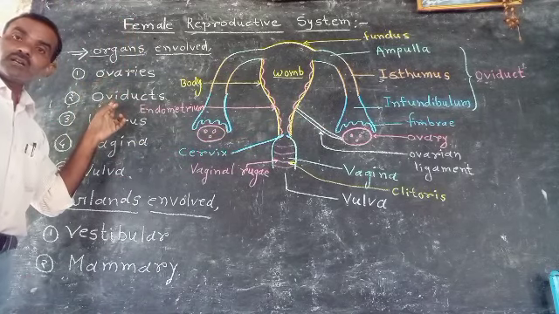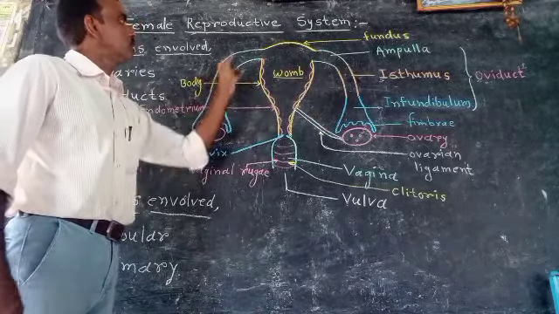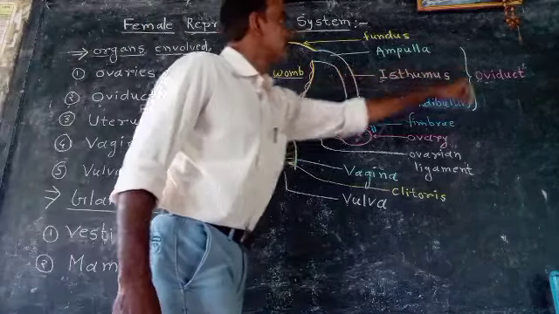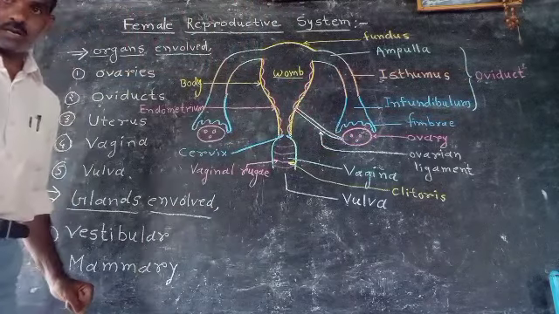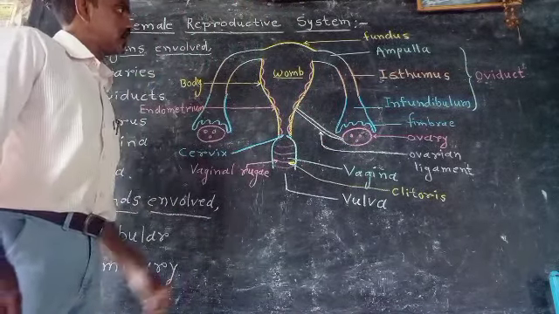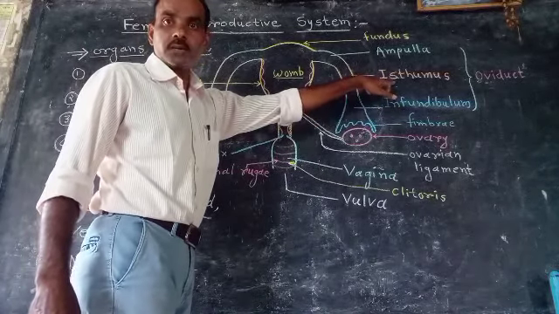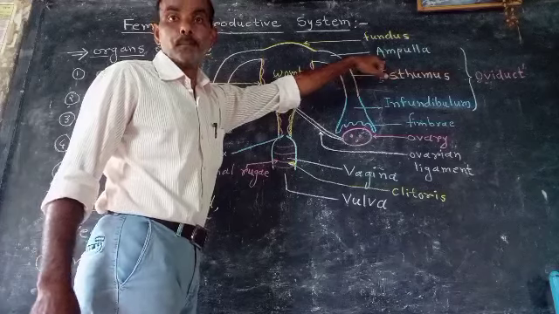Now, the second organ, the oviduct. The oviduct is a tubular, tube-like organ. It consists of 3 parts: infundibulum, isthmus and ampulla.